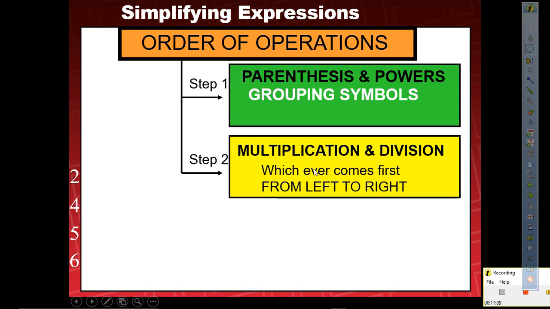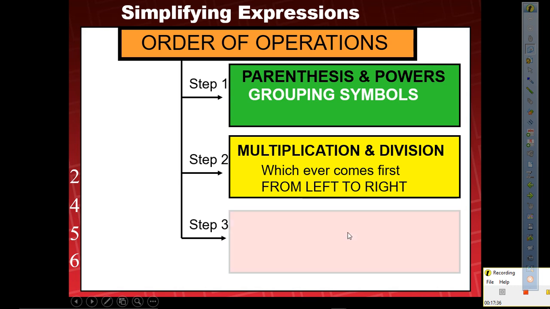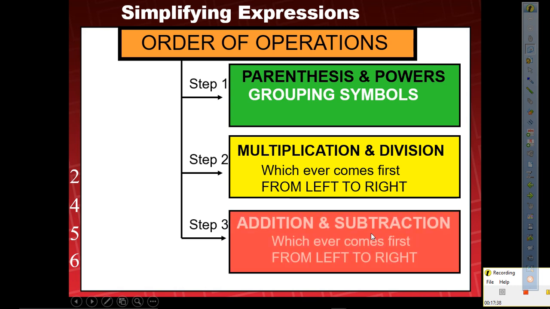So question, if the first one that comes up from left to right is division, and then after that multiplication, which one do you do first? Division, from left to right, whichever comes first.